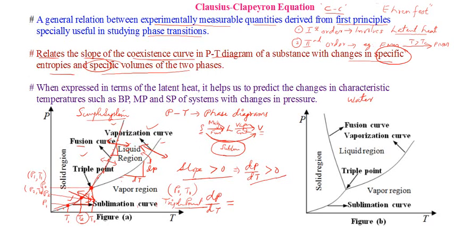In one of the beginning sessions of the thermal physics course, I told you that specific quantities are physical quantities divided by their mass. For example, you have entropy S. Capital S denotes the entropy of a system having some mass m.